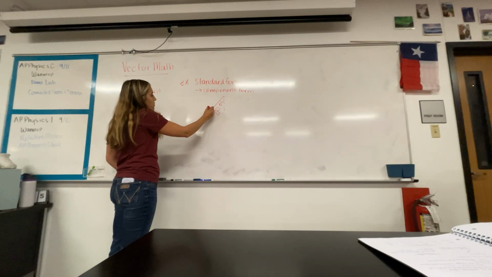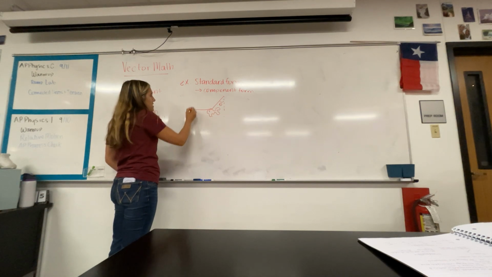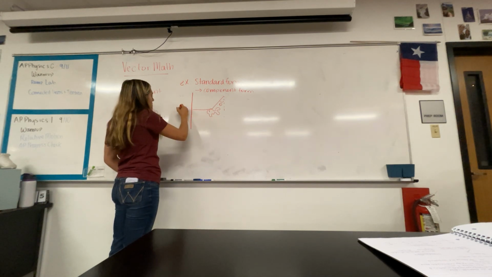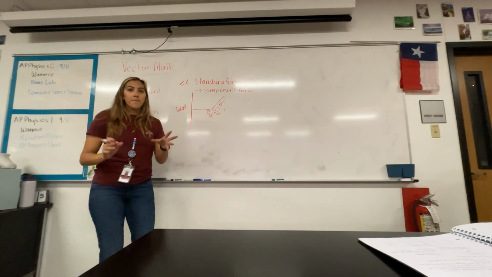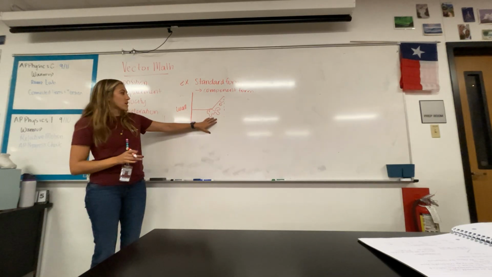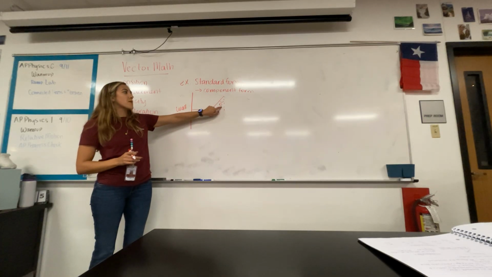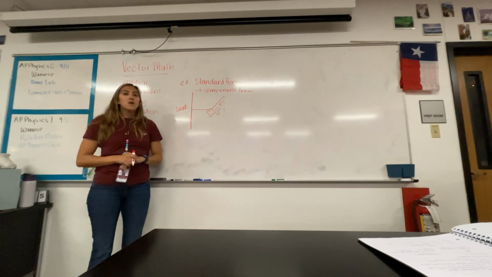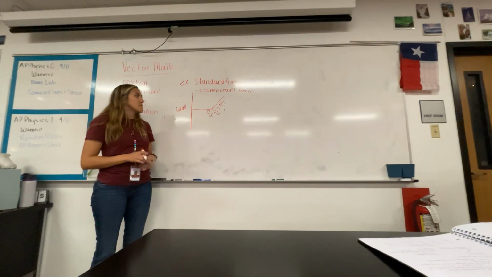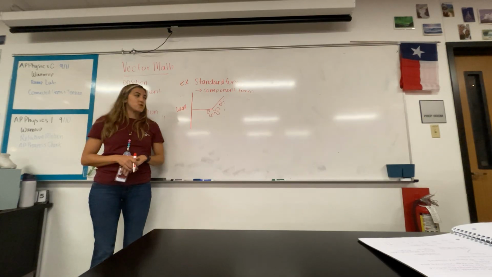Maybe it has another cord going this way to the wall. This will be the wall. This chandelier is hanging at an angle away from the vertical on this ceiling and wall situation here.